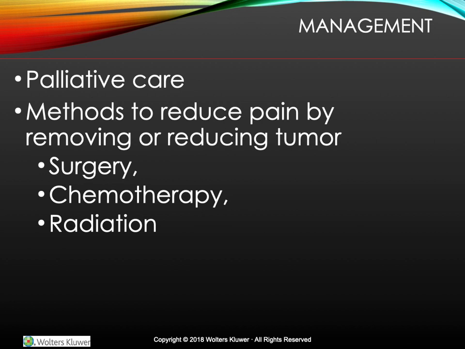And this may be done through surgery, chemotherapy, or radiation. So when we talk about palliative care, the client is not rid of the cancer. The cancer is still there, but we can alleviate some of their discomfort by reducing or removing a tumor that's in an area. And it can be done, like I said, through surgery, chemotherapy, or radiation.